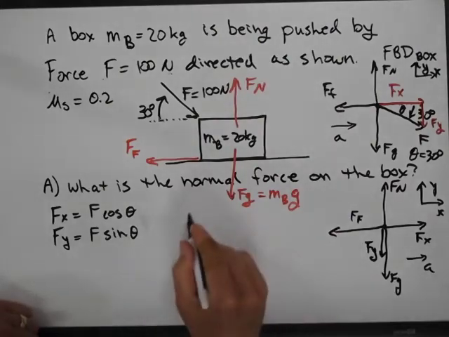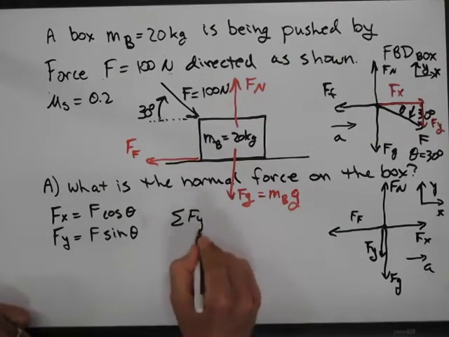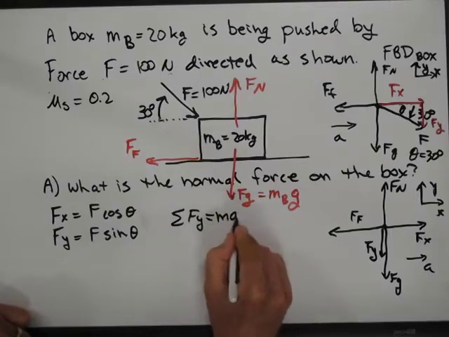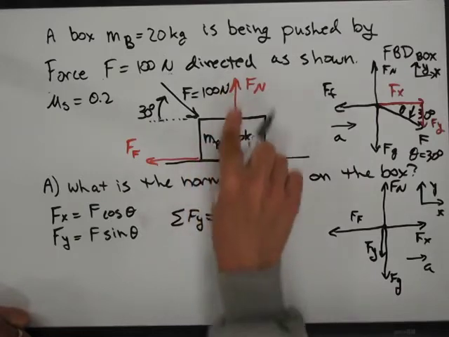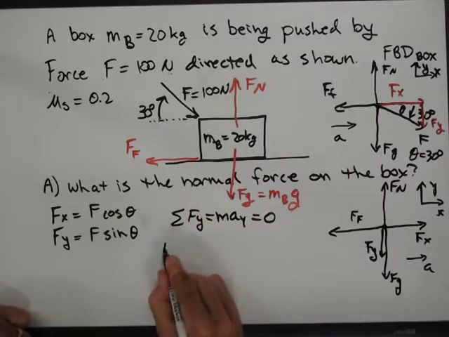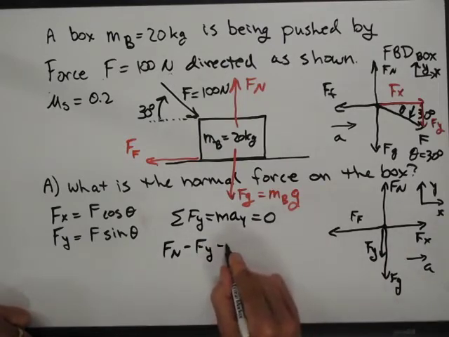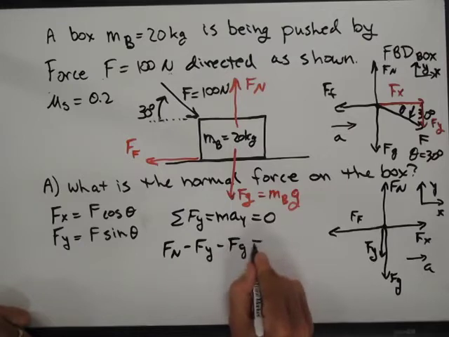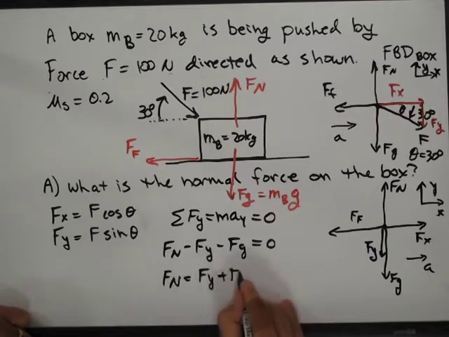And so if I want to look at the normal force, I can just say, well, look, the sum of the forces in the y direction equals m a sub y, and that's equal to 0, because it's not accelerating in the y direction. And so that says that the normal force minus the y component of my push force minus Fg equals 0, or the normal force is equal to Fy plus Fg.